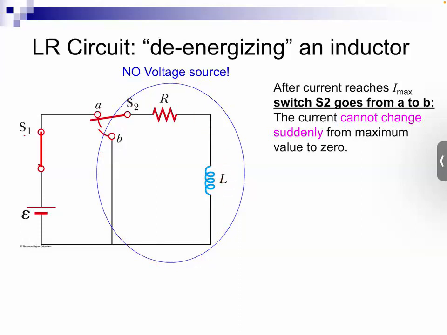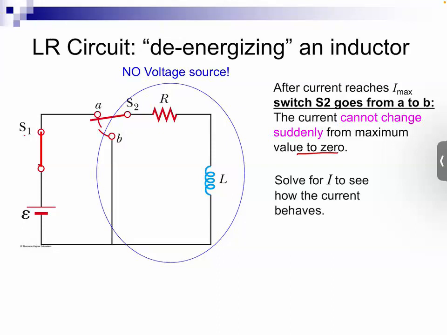Because you have an inductor here, the current will not go to 0 right away, even if you disconnected the switch from the battery. As we've been discussing, the inductor will create an induced voltage and an induced current that will oppose any change in the current in the circuit. So it won't go to 0 instantaneously.